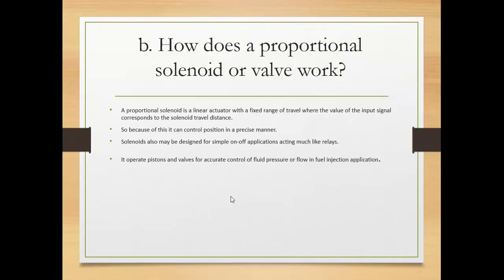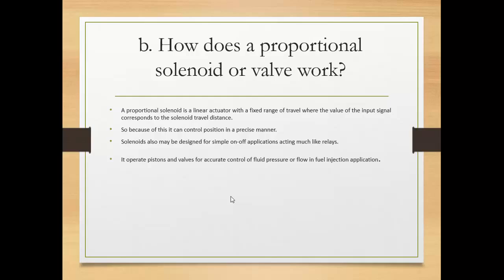A proportional solenoid or valve works in this way. The input signal that you give it is the amount of range of travel that the valve will work.